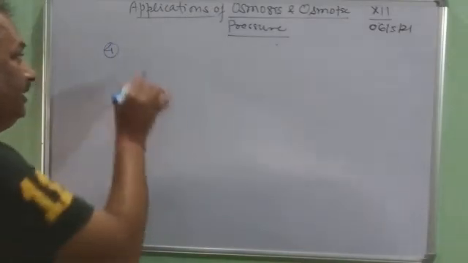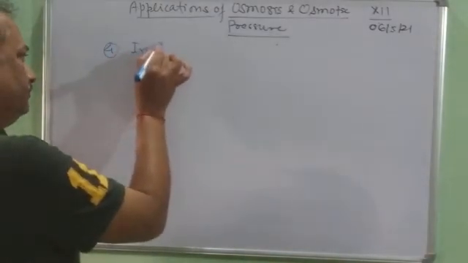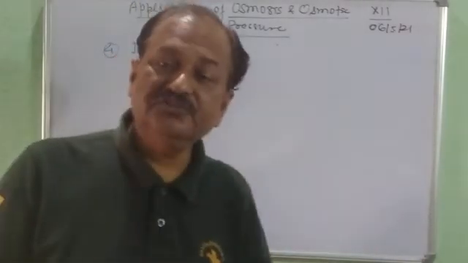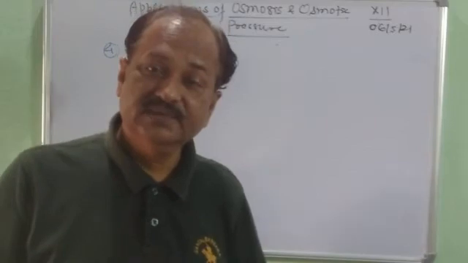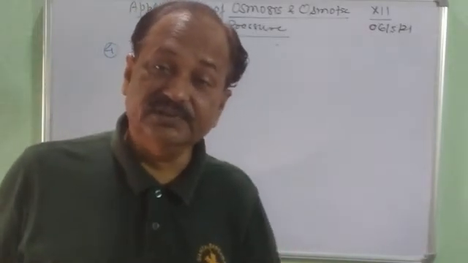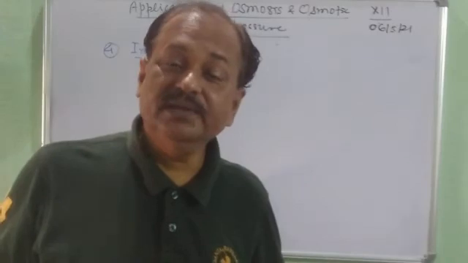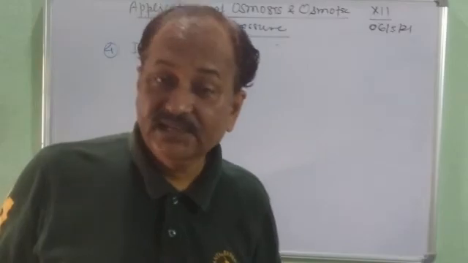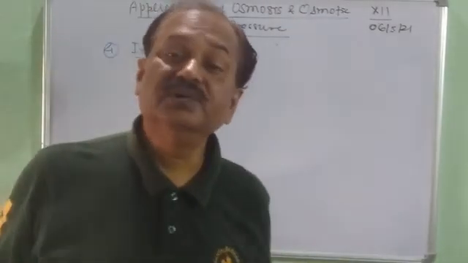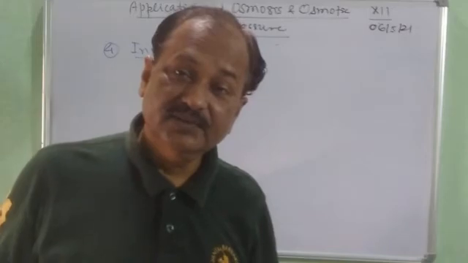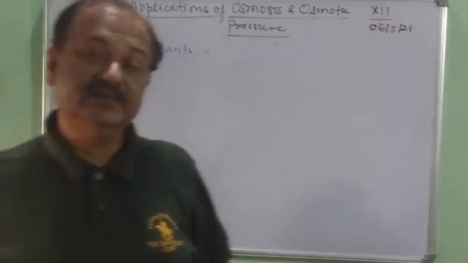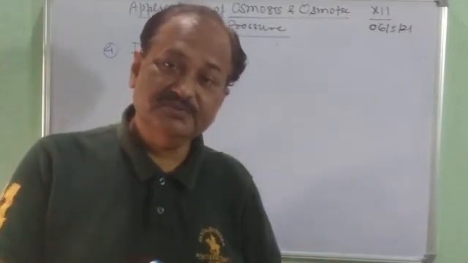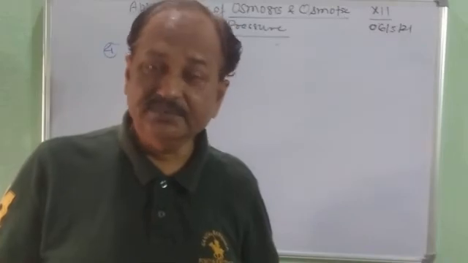Now next, children, is in plants. In plants, you all must know from the small classes, the rise of water and different nutrients like vitamins and minerals for the plants, they rise from the roots to different parts of the body by what? By osmosis. In the soil, or even in a flower pot, we use manures and fertilizers. So what happens?